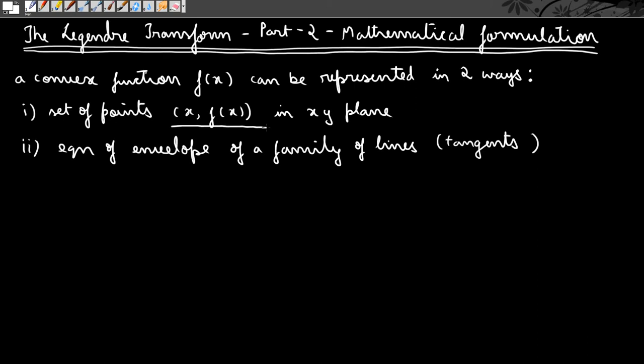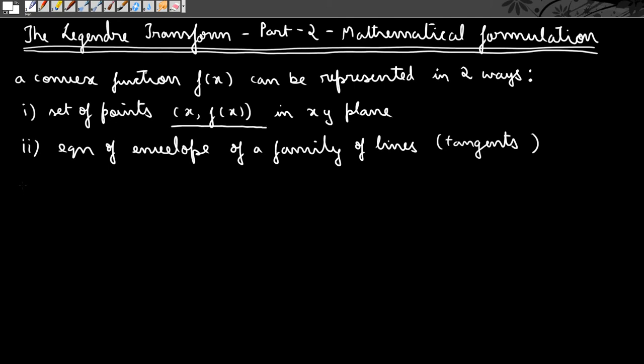Okay, and these family of lines are nothing but the tangents to this curve. So if we know all of these tangents, we can calculate the equation of the envelope, which means we have all the information about f of x. So these are the two ways of representing a convex function.